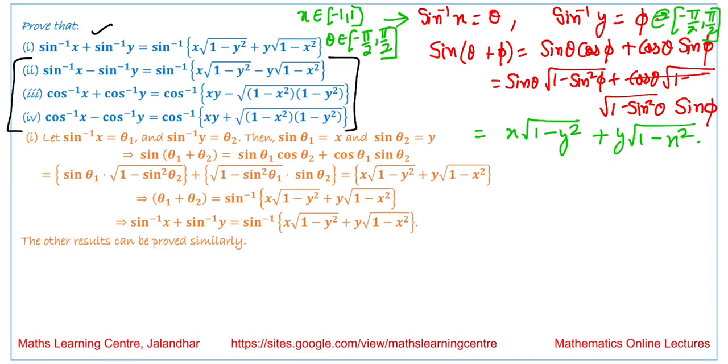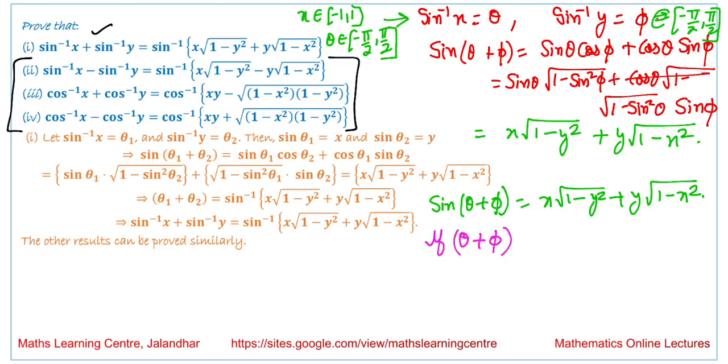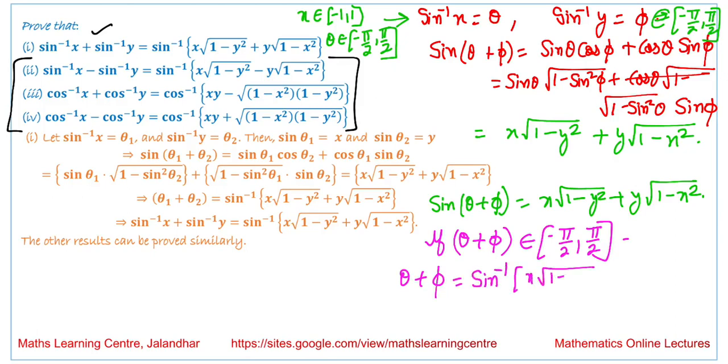Now what we have obtained is that sine of theta plus phi is equal to x square root of 1 minus y square plus y square root of 1 minus x square. If theta plus phi belongs to minus pi by 2 to pi by 2, then we can write theta plus phi is equal to sine inverse of x square root of 1 minus y square plus y square root of 1 minus x square.